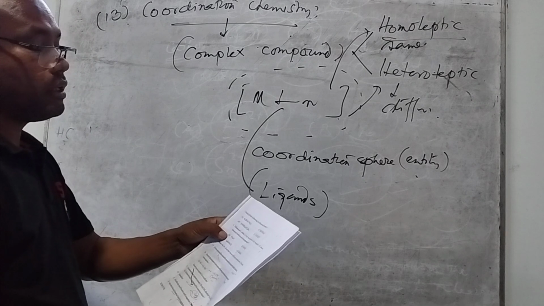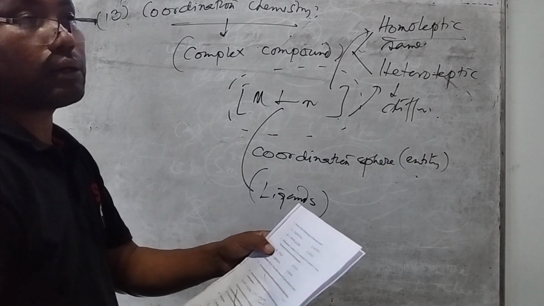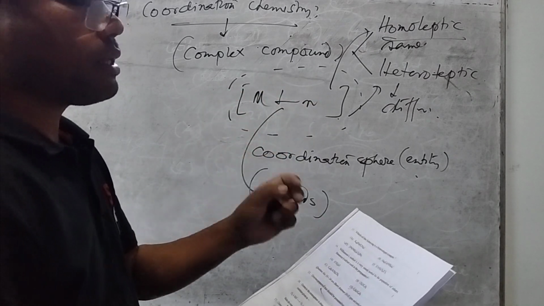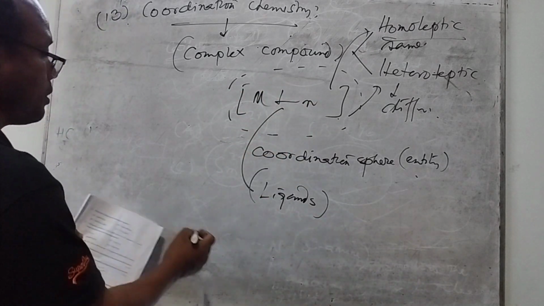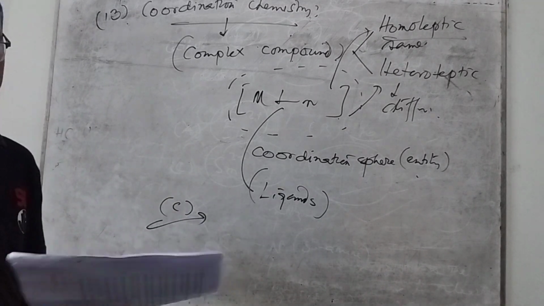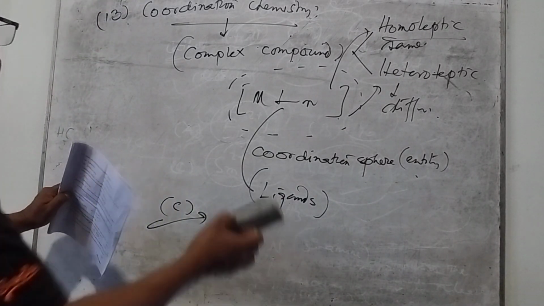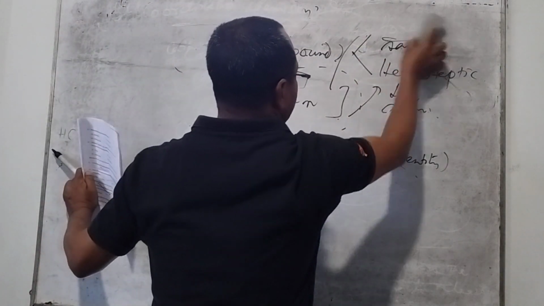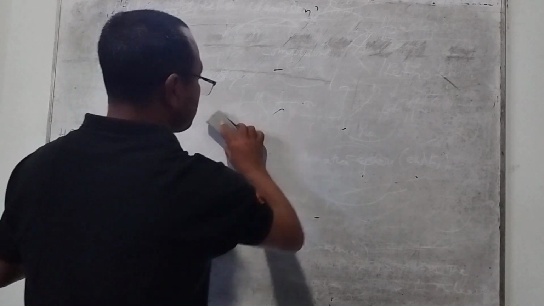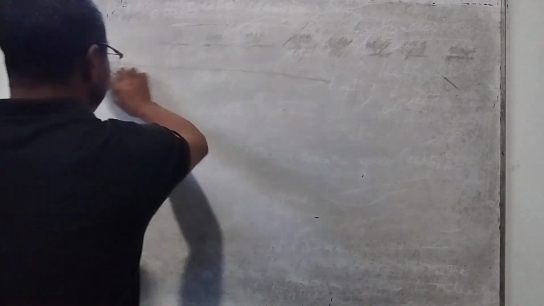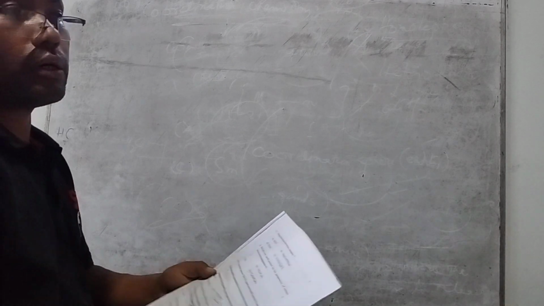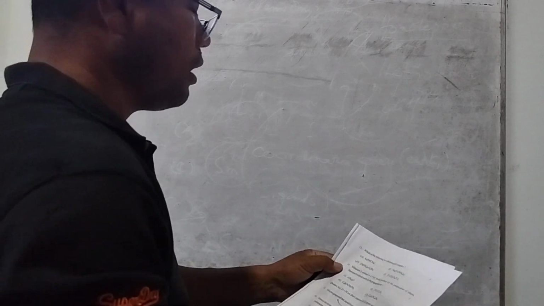But in option D, only one type of ligand, that is H2O. So what will be our answer? Answer is C. Option number C is the correct answer. So that's also based on your understanding.